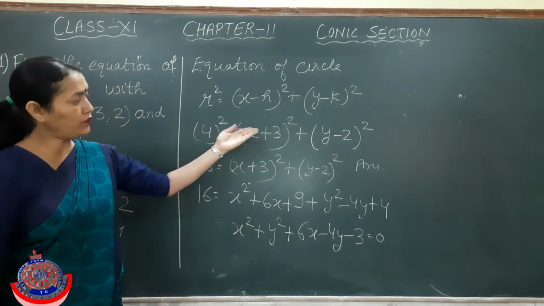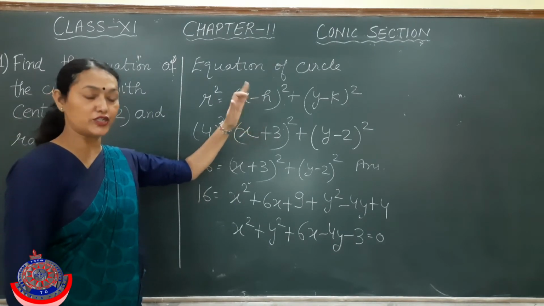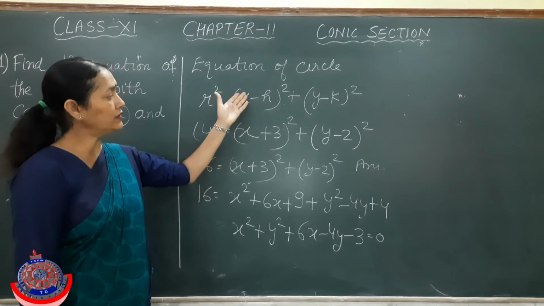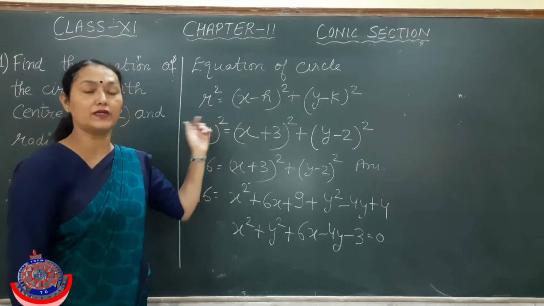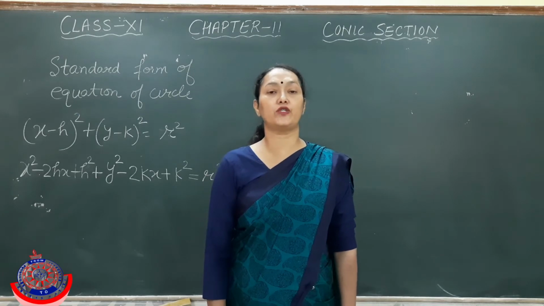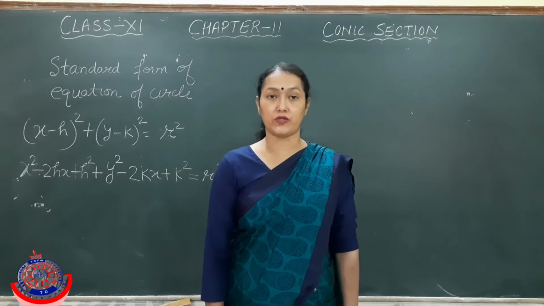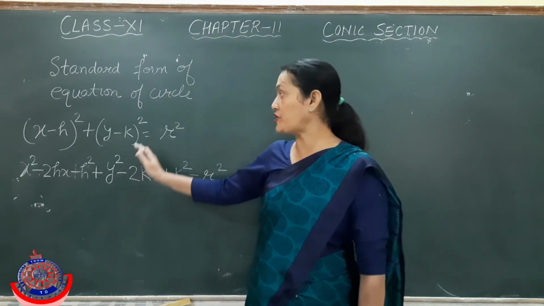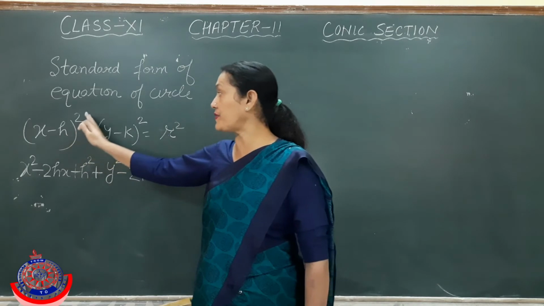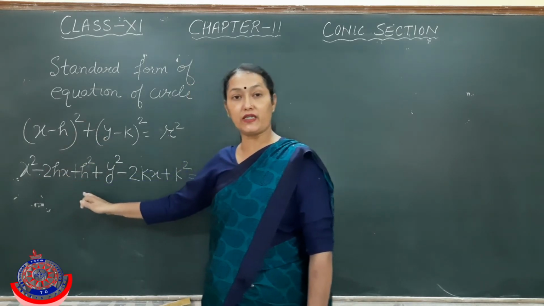Now, what has happened? Why has this equation changed to this equation? We can have two forms. Now we have to find the relation between these two forms. Take the standard form of the equation of the circle, that is (x minus h) whole square plus (y minus k) whole square equals r square. After expansion of this equation, using formula (a minus b) whole square, we will be getting x square minus 2hx plus h square.